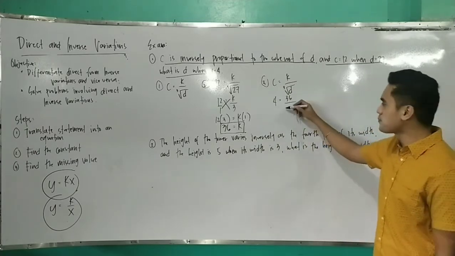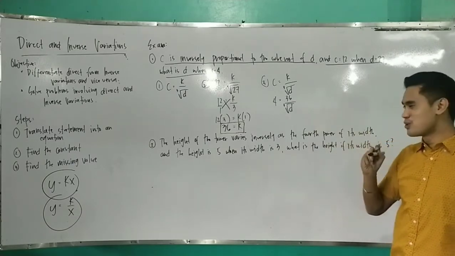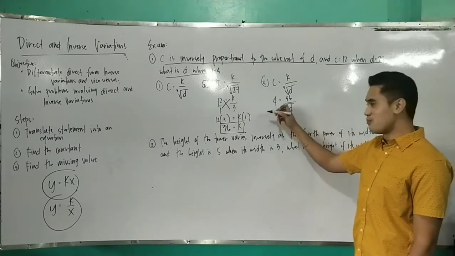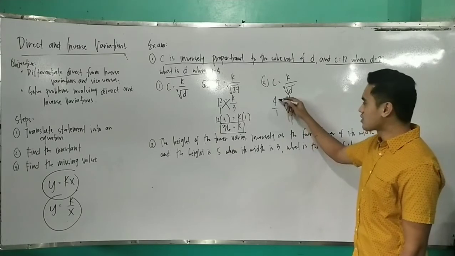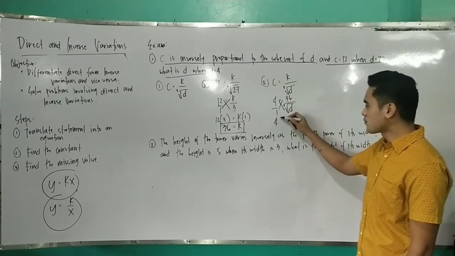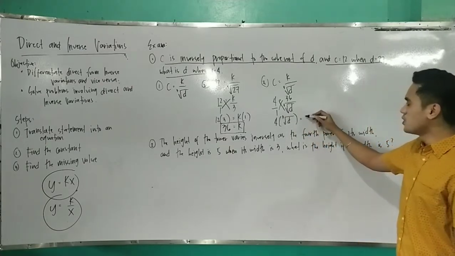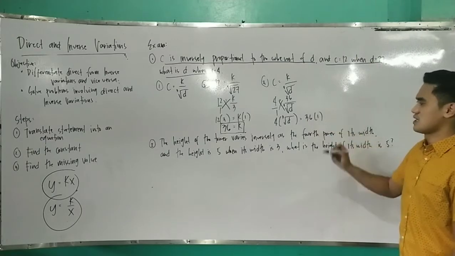So ang hinahanap yung D. Pero meron siyang cube root. Pero yung cube root okay. So whole number over 1, then cross multiply. So bali dyan, meron tayong 4 times cube root of D is equal to 36 times 1.